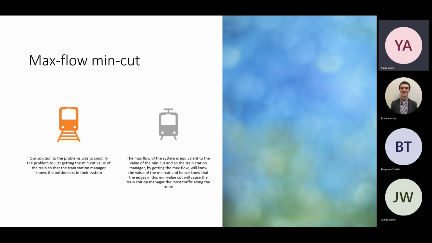Because we know that the max flow of the system is equivalent in value to the min cut value, the train station manager can use the max flow from one node to another node to get the value of the minimum cut between those two nodes, to know where their bottlenecks lie and what the throughput of that path is.